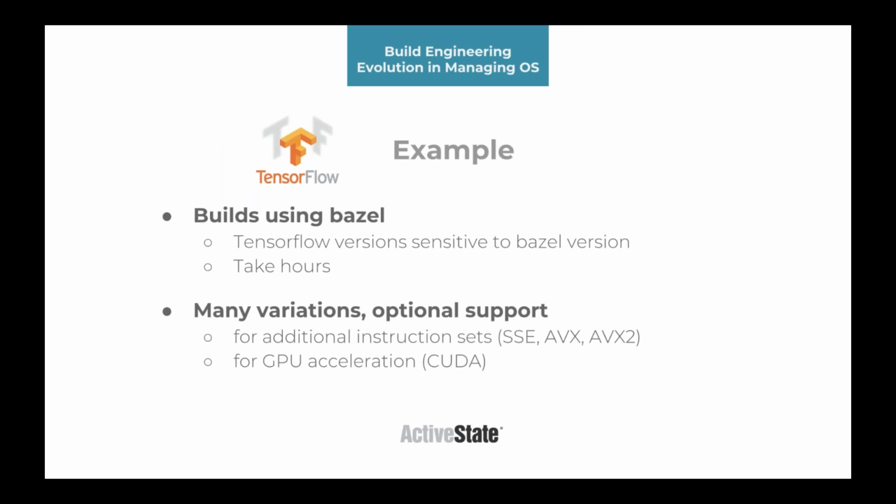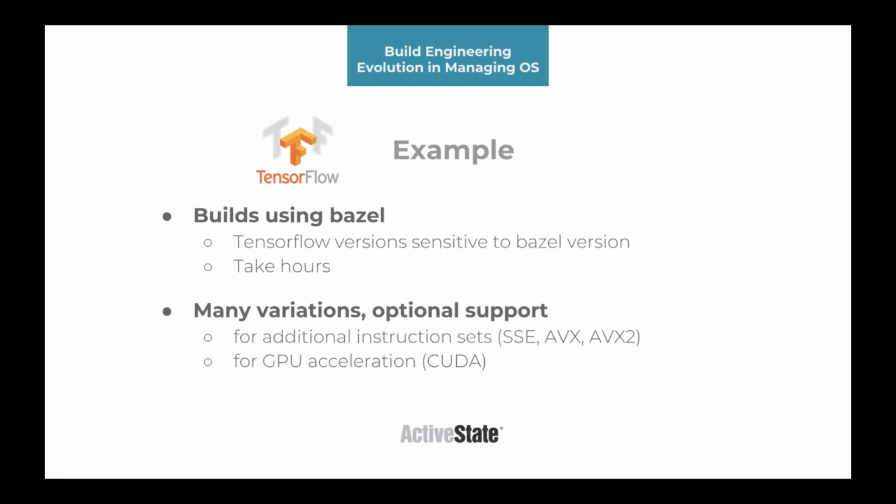I'm going to give you a quick example of something that a lot of people want because it's really useful, but it's actually quite hard to deal with in terms of build engineering. TensorFlow is the go-to package for machine learning within Python, and a lot of people use it. It builds using Bazel because it is big and complicated.